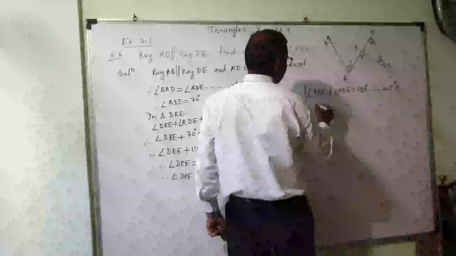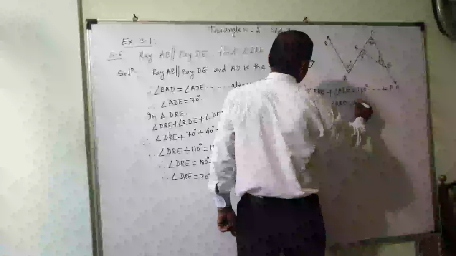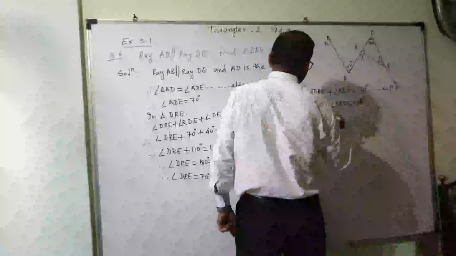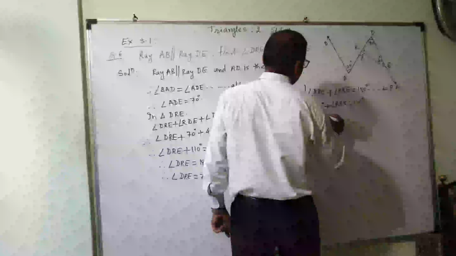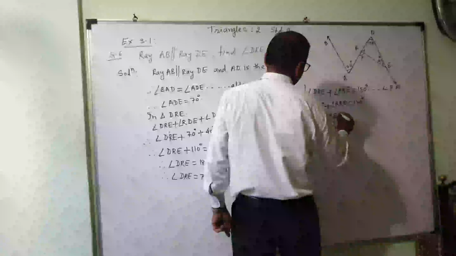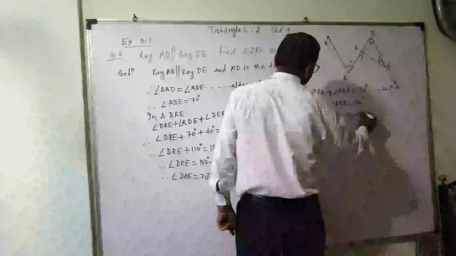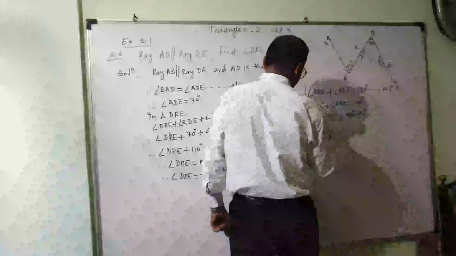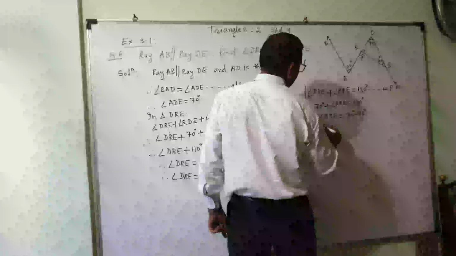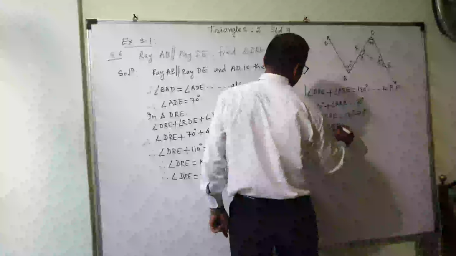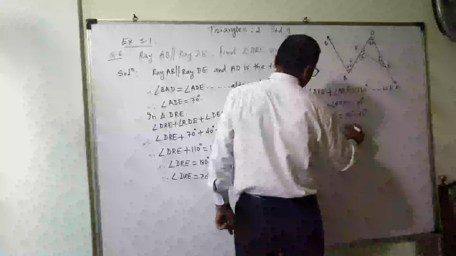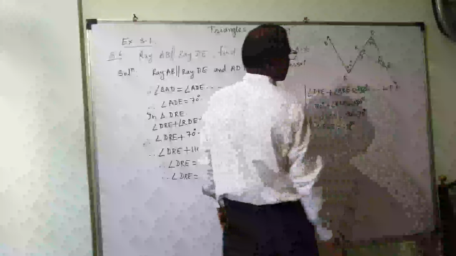Therefore, DRE is 70 degrees plus angle ARE equal to 180 degrees. Therefore, angle ARE is equal to 180 minus 70. Therefore, angle ARE is equal to 110 degrees.